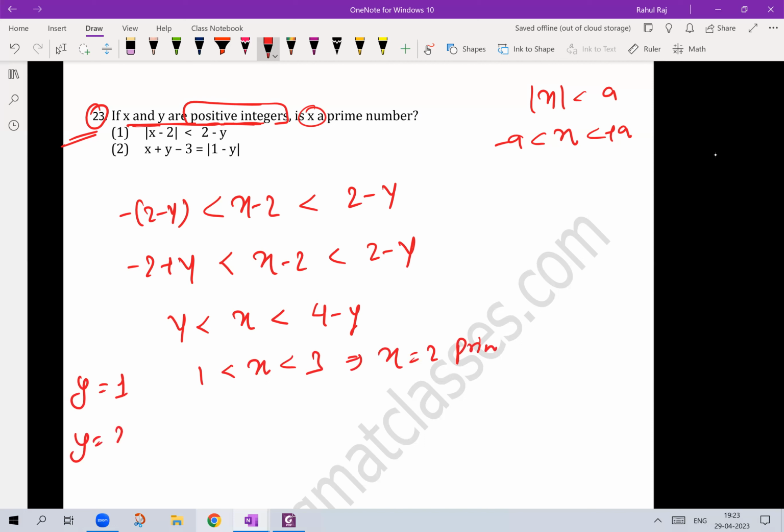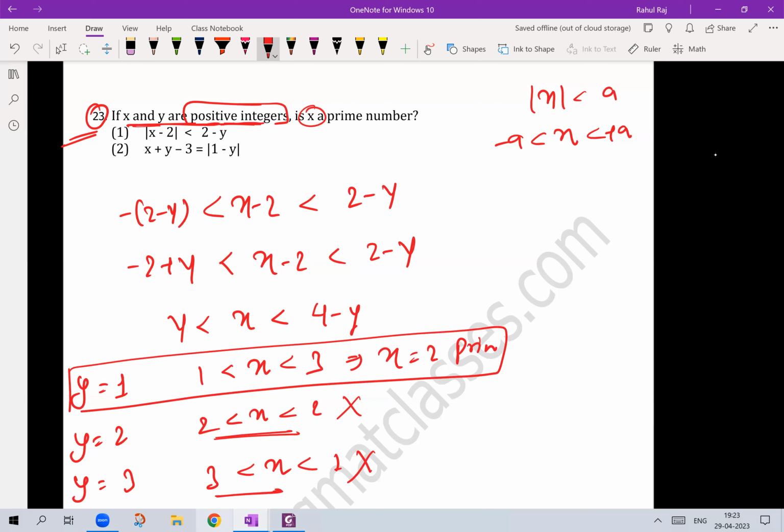If I take y as 2, x lies between 2 and 2, there is no such number, invalid situation. If I take y equal to 3, x lies between 3 and 1, but a number cannot be greater than 3 and less than 1. This is again an invalid situation. So there is only one situation that exists, x equal to 2, which is prime. Check.